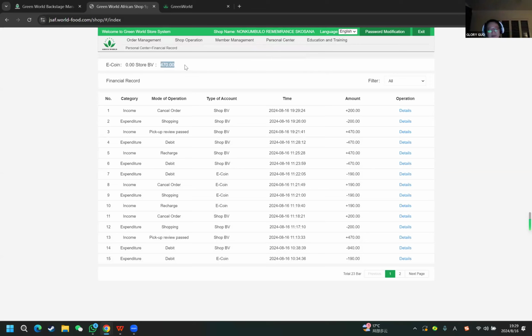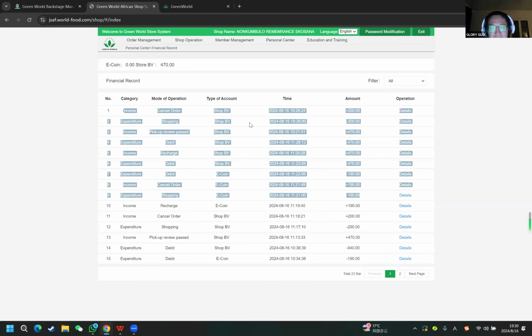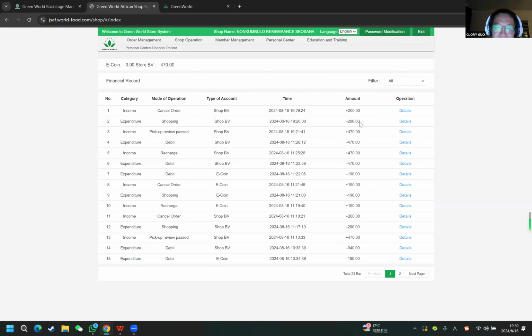And many shop owners have a headache with their cashier, someone who is working in your shop and does some unethical things. How to control them? If you use the shop app, everything here is clear. We capture this form minus 200 BV. When this form is cancelled, the money is returned to your account.